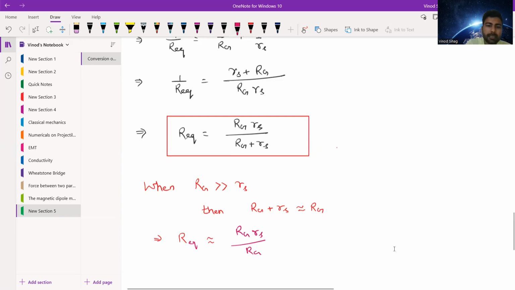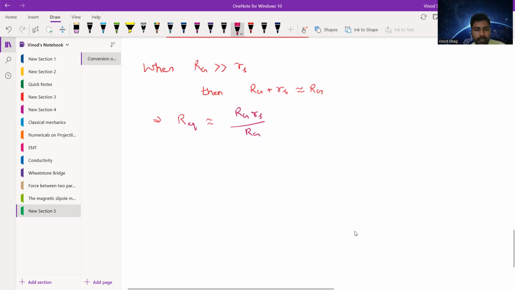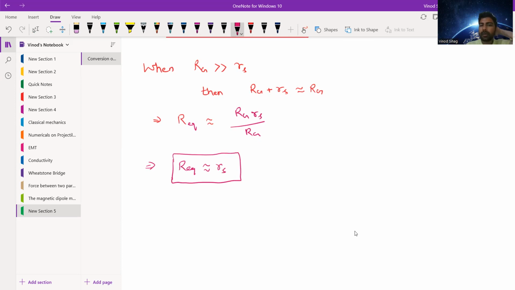Then Rg and Rg will be cancelled out, and R equivalent will be Rs only. And why is it important to write R equivalent equals Rs? Because we have converted our galvanometer into an ammeter, and the resistance of an ammeter should be as small as possible. The resistance we connected in parallel is a shunt resistor, which always has a negligible value, like 1 ohm, 2 ohm, or sometimes even less than that. So that's why it is important.